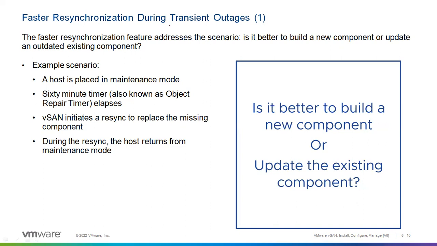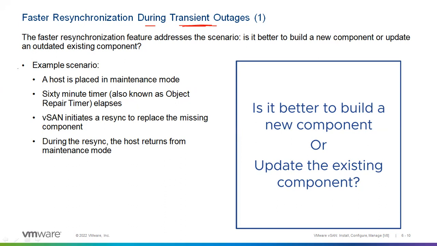Faster resynchronization during, what is this word? Maintenance? I can't see it because I have a zoom ribbon on it. The last word, right? Transient outages, sir. Outages. Okay, it's a faster resync.